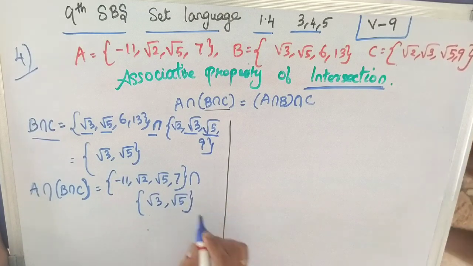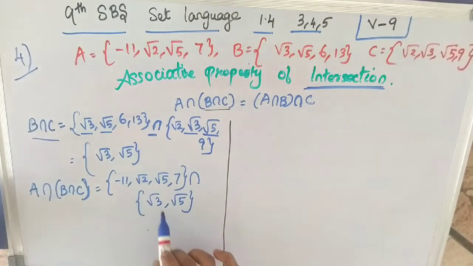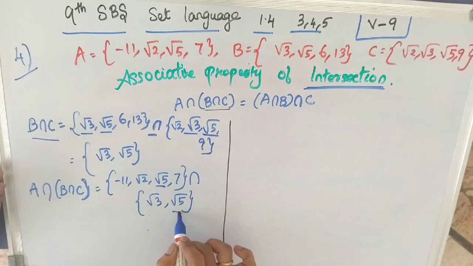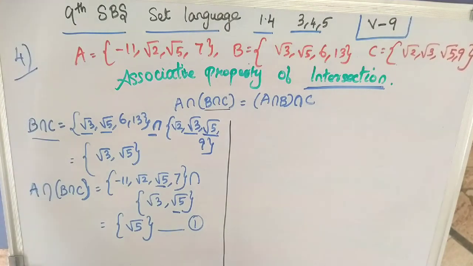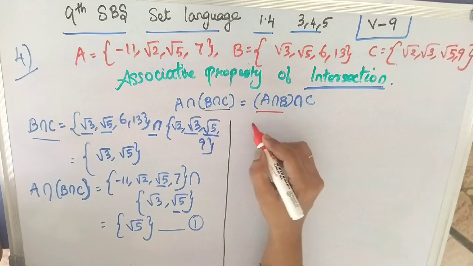Root 3, root 5. Now we have to find intersection between these two. What is intersection? We have to write only the common elements, and here root 5 is the only common element between A and B intersection C. So we have found A intersection B intersection C, that is root 5, and marked it as 1.